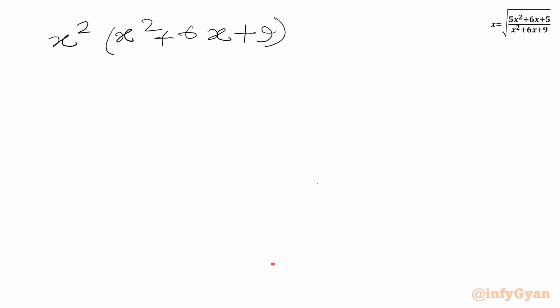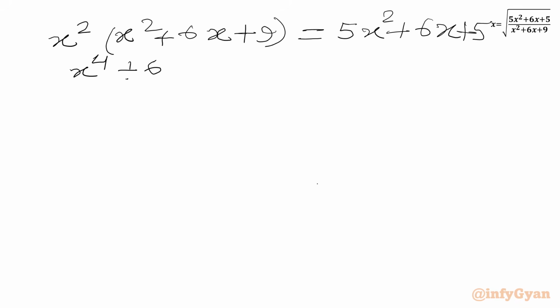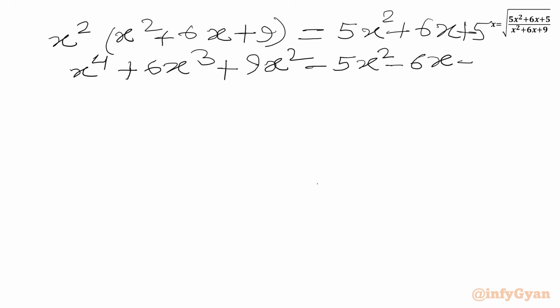So we will write x square times x square plus 6x plus 9 will be equal to 5x square plus 6x plus 5, which will be equal to x power 4 plus 6x cube plus 9x square. And let's move RHS to LHS. So we'll write minus 5x square minus 6x minus 5 equal to 0.